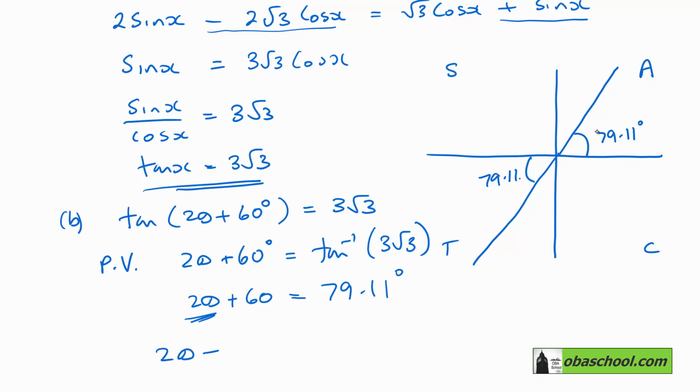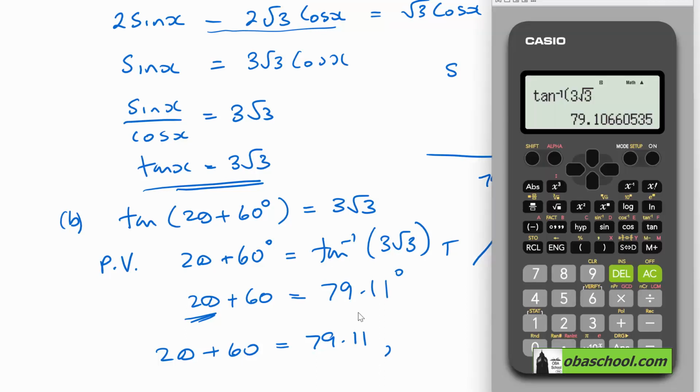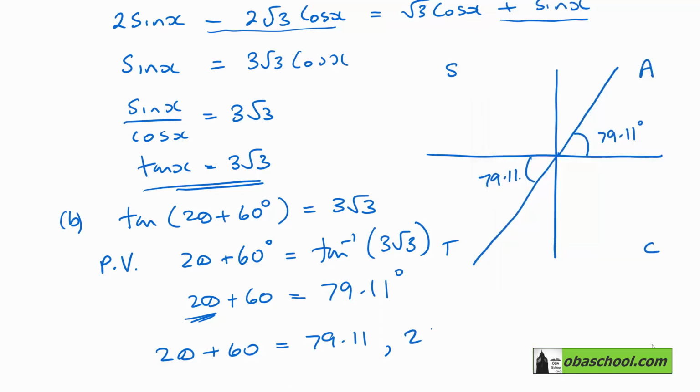So we've got 2 theta plus 60 is 79.11, and the other one is going to be 180 plus that, giving us 259.11.